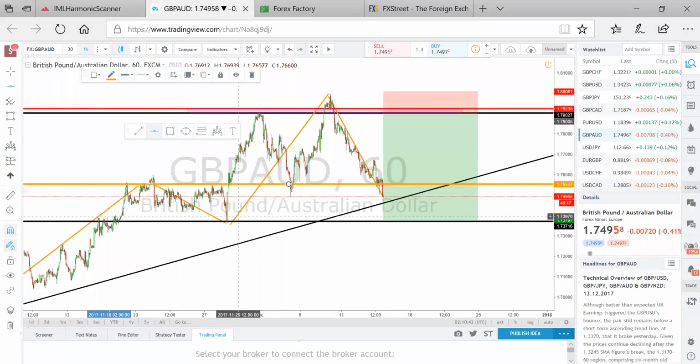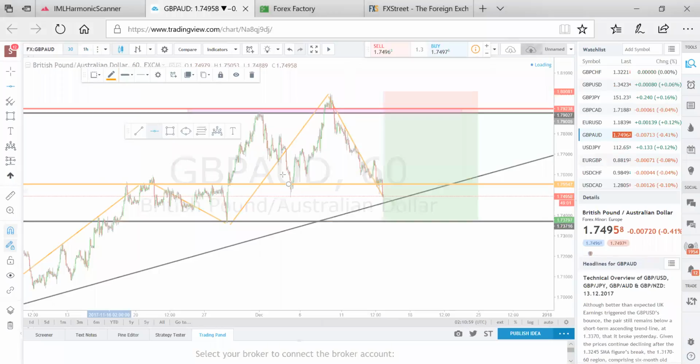You see this orange line that I drew here? This was clearly a good resistance line because we saw price touch here, reverse, price touch here, reverse, and price has been reversing in this area, and then it fell here before it broke it. Right now, let me just go down to the 30-minute time frame.